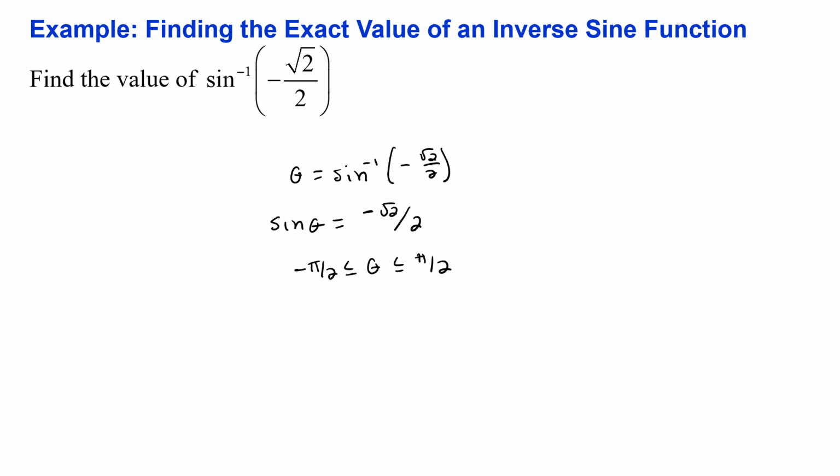And the value of theta for which sine is -√2 divided by 2 in the given interval of theta is theta equals -π/4. Therefore, inverse sine of the quantity -√2 divided by 2 is equal to -π/4.